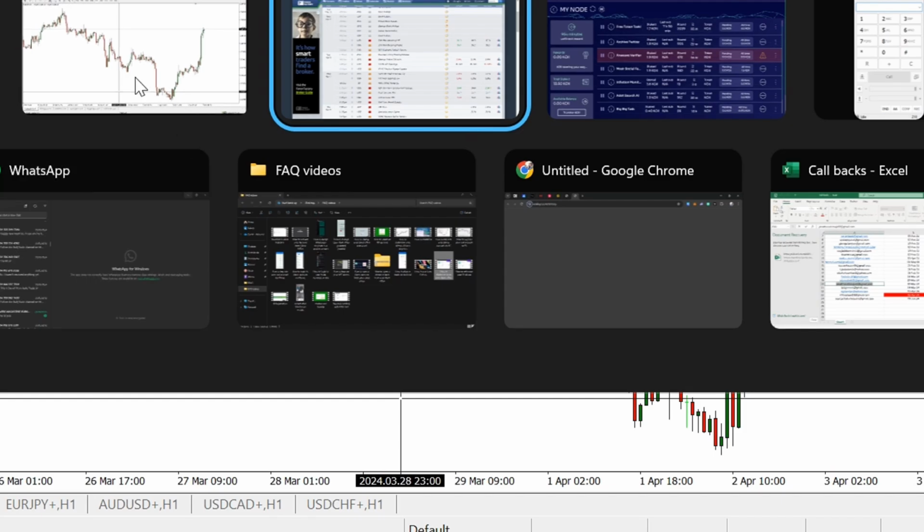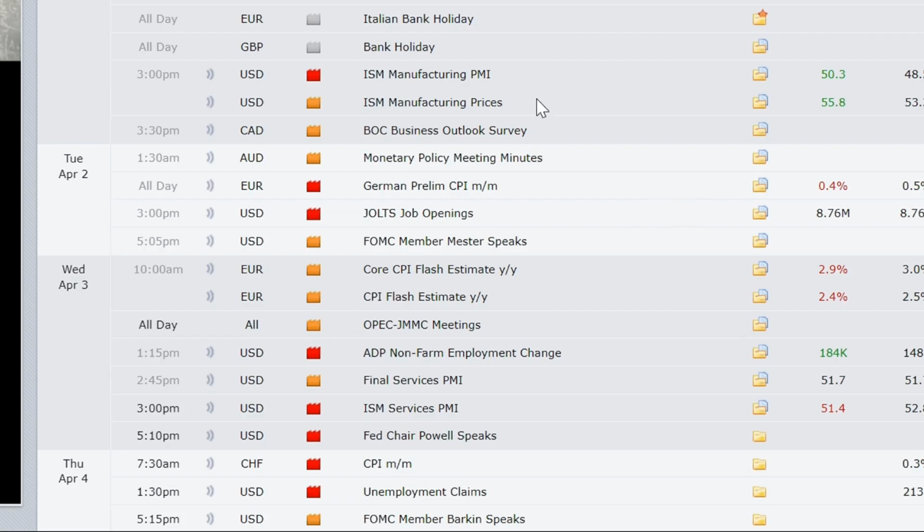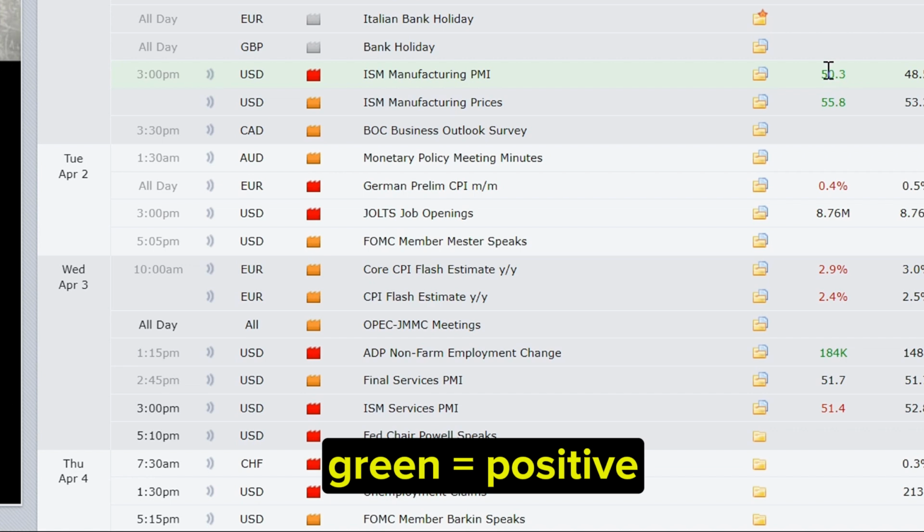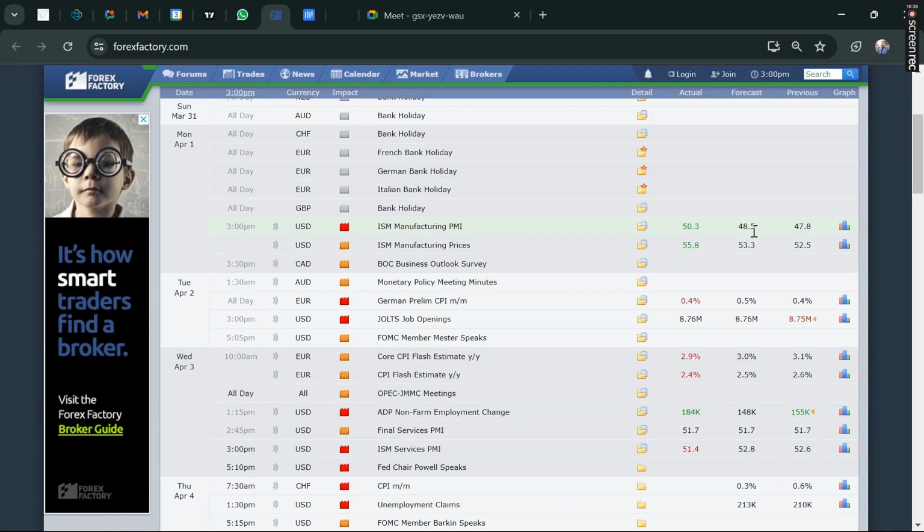Let's check that again together on Forex Factory. You can see the news came out green. When it comes out green, it means it's a positive sentiment. I mean, the news came out positive. So now let me explain this. Normally, before a news is released, there's the previous data. There's also a forecast.